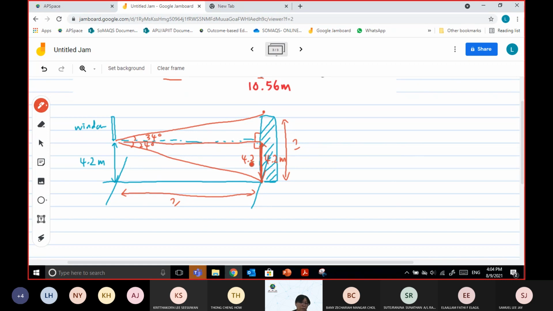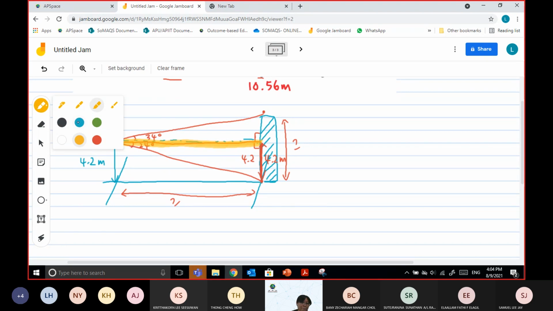So with this 4.2, you should be able to find the width of the road, because the width of the road is actually here. This is the width of the road.